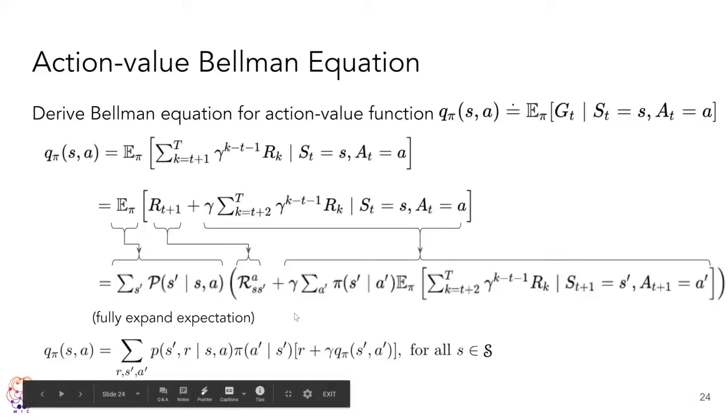Once we fully expand the expectation, we end up with these few terms, which is essentially the expectation, and then the immediately following reward plus the discounted action value function of the next state and action. Again, this is the important part: we are expressing the action value function of the current state and action in terms of the immediately following reward and the discounted action value function of the next state and next action.